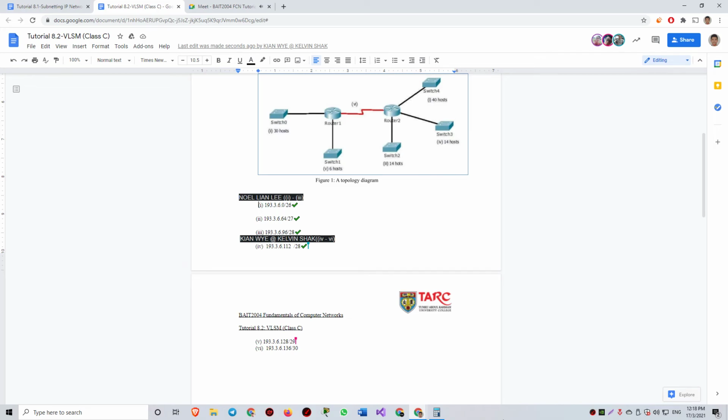Right. So using the magic number, you can work out the subnet addresses, the next subnet address available for you to use. Okay, so now everything is correct already.